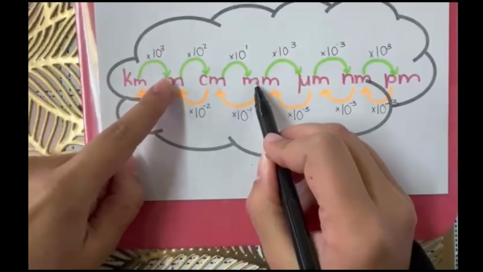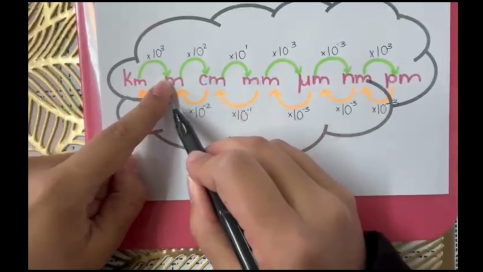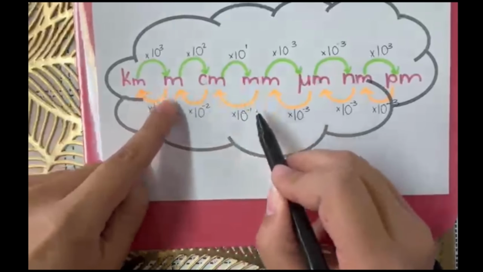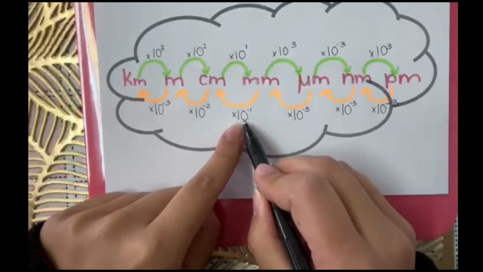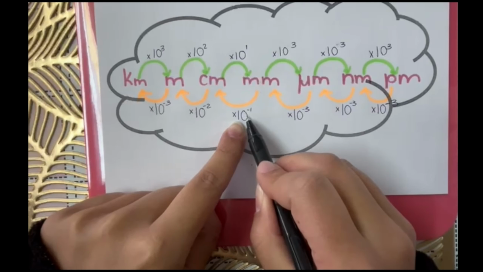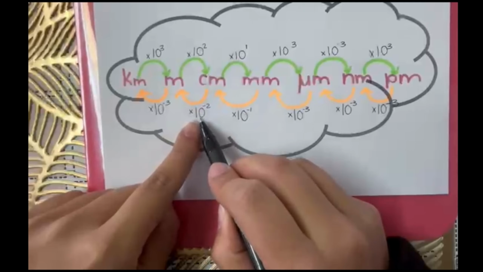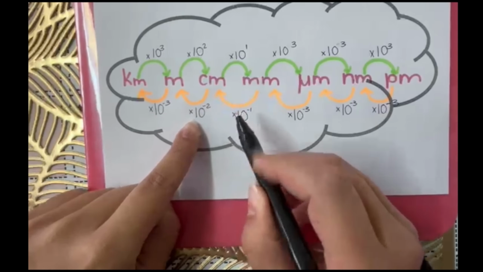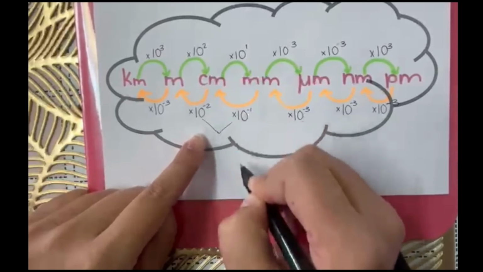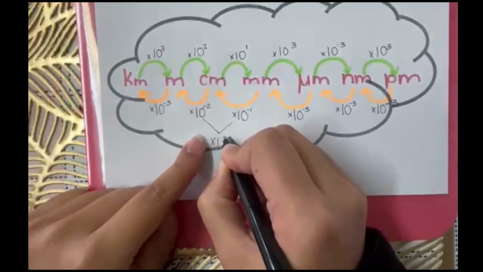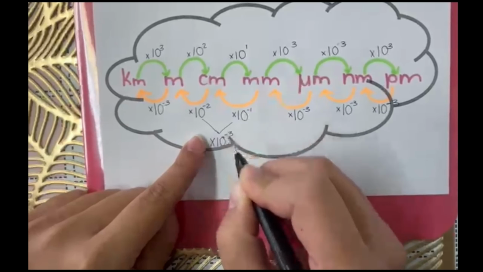So from millimeters to meters, we jump 1, 2. But while we are jumping, what are we taking with us? We take with us a times 10 to the power of negative 1 and a times 10 to the power of negative 2. So if we take these two with us, we get times 10 to the power of negative 3.